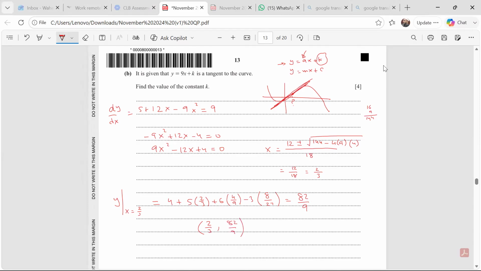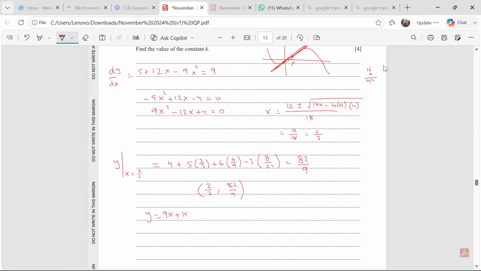So this is the point on the curve where this line is tangent to the curve. Now this point is on the line, so the equation of the line is y equals 9x plus k. Let me put this point into this equation.